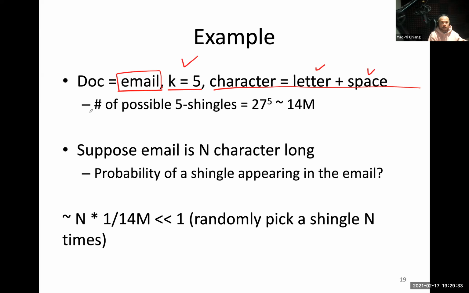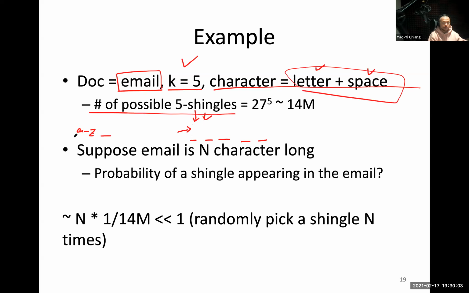So what would be the possible number of 5-shingles? Well, when we say 5-shingles, that means you have 1, 2, 3, 4, 5 spaces to put characters. And what are the possible characters that you can put into these spaces? Anybody? You have A to Z, and you have space right here.